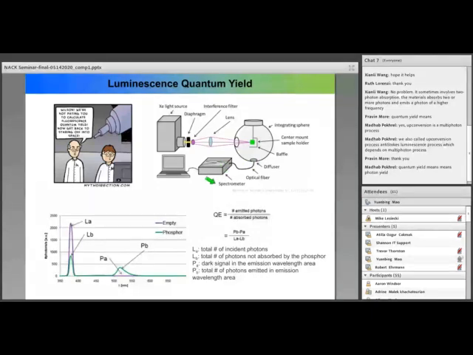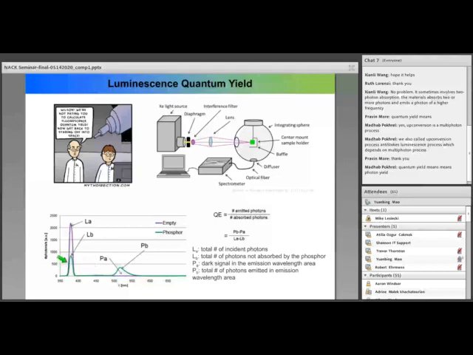With that, we can measure a few things. By definition, quantum yield is the number of emitted photons over the number of absorbed photons. How do we get that? This is the measurement we do. In this sample holder, we either leave it empty or put in a reference sample, and then we measure the excitation and emission spectrum over this emission range.